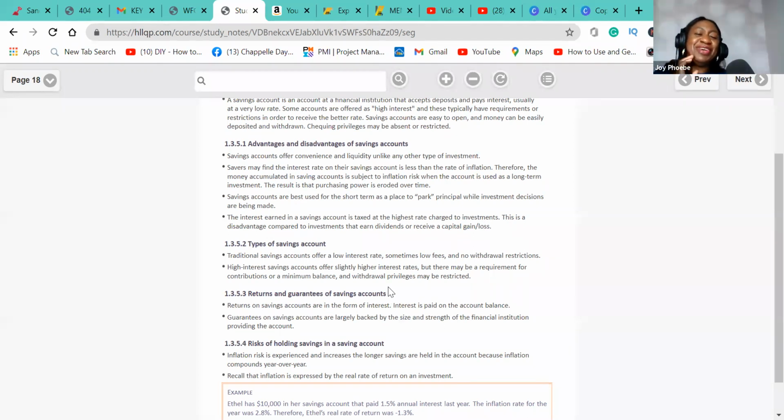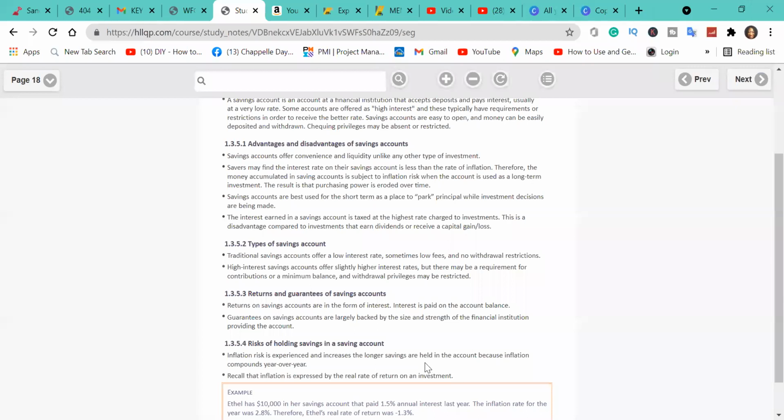Many people don't even know they are paying tax on that small money. They still come to collect tax on top of it. Anyway, Sir Kenny, good evening. Welcome to join us. So that is the advantage and disadvantage of a savings account.